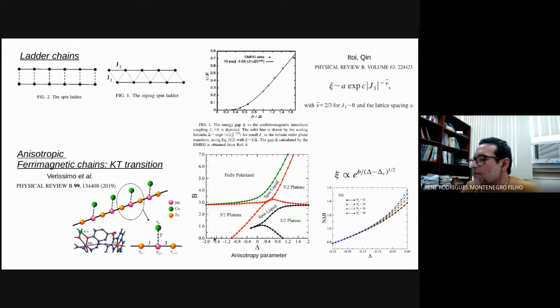In this case, we have a transition with a fixed value of the magnetization, and we do have a Kosterlitz-Thouless transition with a formula for the gap closing that is exact, with a specific exponent here. So we have these two scenarios to investigate.